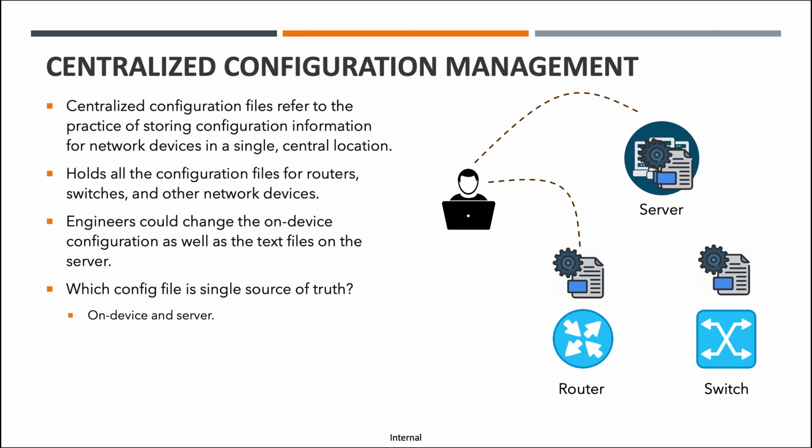It depends on the enterprise. Some prefer engineers to change the on-device configuration as well as text files on the server, or some enterprises use the on-device configuration files as the source of truth with the centralized configuration file treated as a backup copy in case the device fails and must be replaced, or some might consider files on the server as the single source of truth about each device configuration.